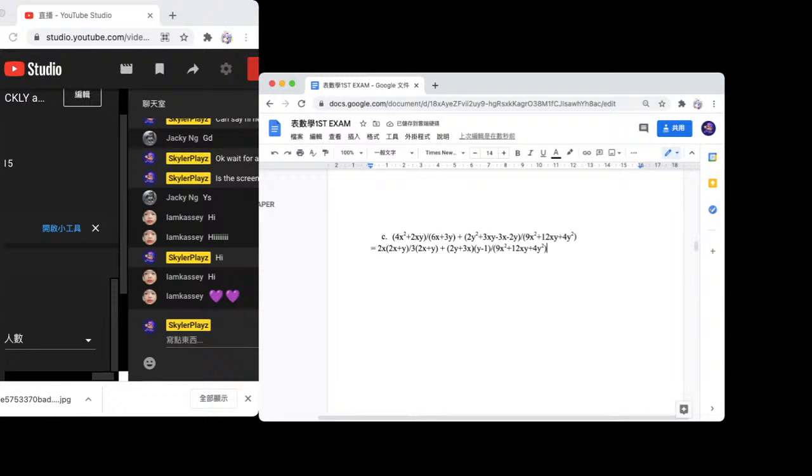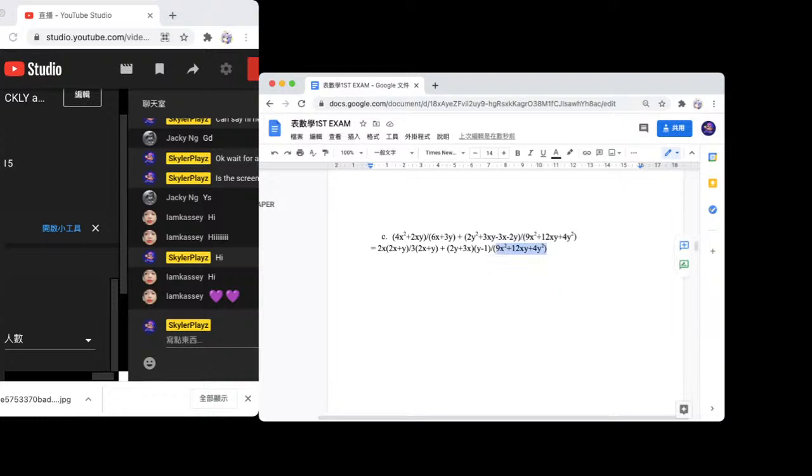Second part, perfect square identity. So we need to find that 9x squared is equal to 3x whole squared, and 4y squared is equal to 2y whole squared. And therefore, 3x plus 2y times 2 is equal to 12xy.